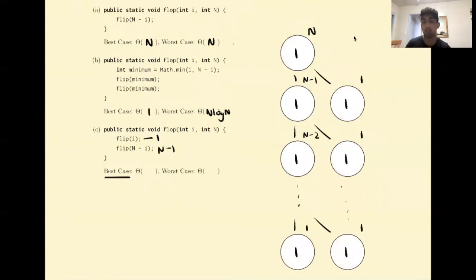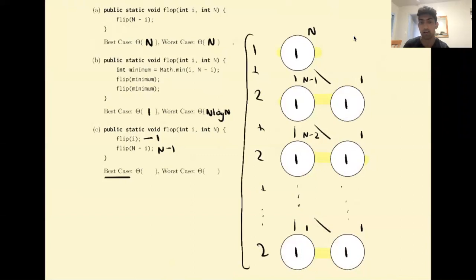To figure out the total amount of work of this tree, we can see that at each level, we're really just doing 2 work, right? Except for the top level. So it's like 1 plus 2 plus 2 plus 2 at the bottom level, okay? And you can see that the height of this tree is n. So the total amount of work we're doing is roughly 2n, but basically just n.